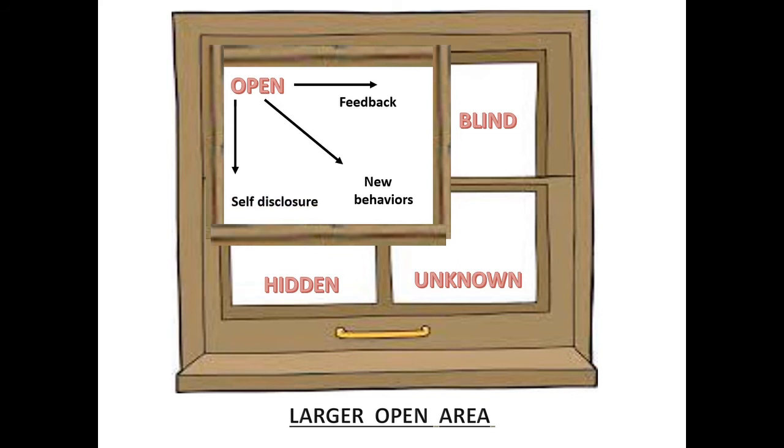And finally, self-disclosure will help us to learn our behavior. That is only to a minimum level and will depend on your trust issue and concern. This is a description of a larger open area, which is the goal in self-awareness in relation with Johari Window.